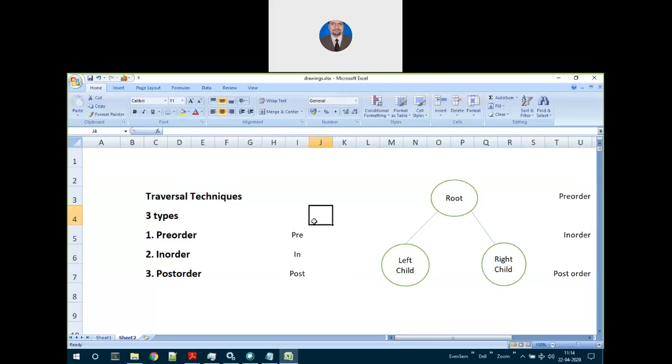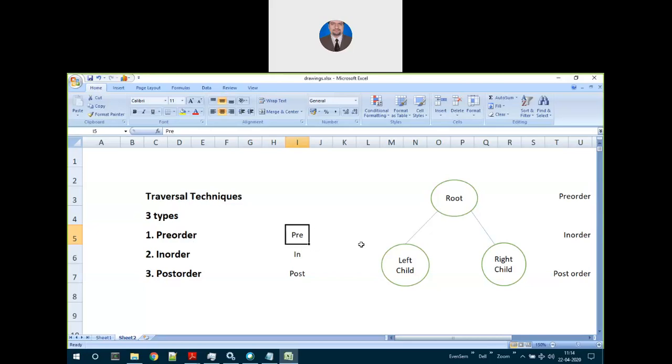Now, these terms pre, in and post are associated with the parent or the root. All these three terms are related to the parent. How is it associated? Let us try to see the first one, that is the traversal technique which we call pre-order.